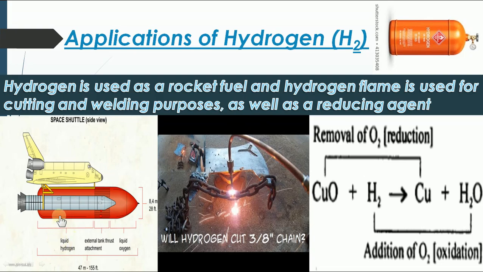You can see in this picture the liquid hydrogen is used in this area of the rocket, so that the initial combustion takes place in the bottom compartment and it can push off against gravity. Hydrogen flames are also used for cutting and welding processes. You can see hydrogen gas flames cut the chains.